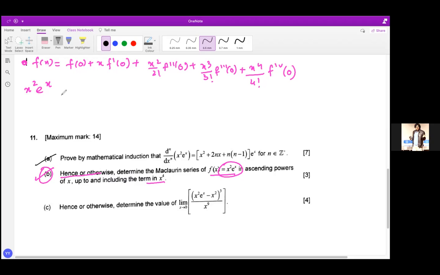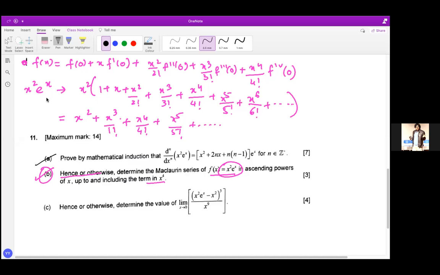Now, the Maclaurin series for e to the power x, you can just read it from the data booklet. We have got the series for e to the power x in the data booklet as 1 plus x over 1 factorial plus x squared over 2 factorial and so on. So just open it up.